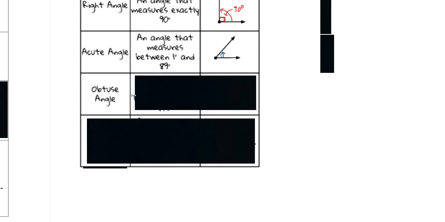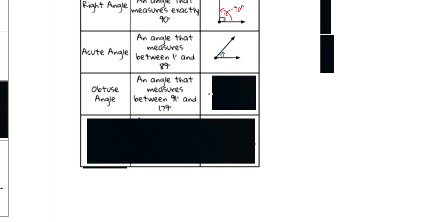Third type of angle measure is an obtuse angle. An obtuse angle is any angle measure that is in between 91 degrees and 179 degrees. A lot of people think of it as an angle that is just greater than 90. That's not exactly correct. Gotta make sure you remember it's in between 90 and 180 degrees. So again, that is always going to look like a certain type of angle, but not all obtuse angles will look exactly the same.